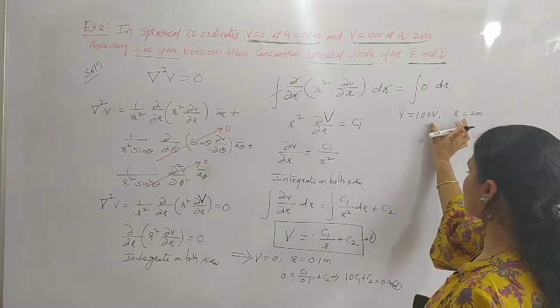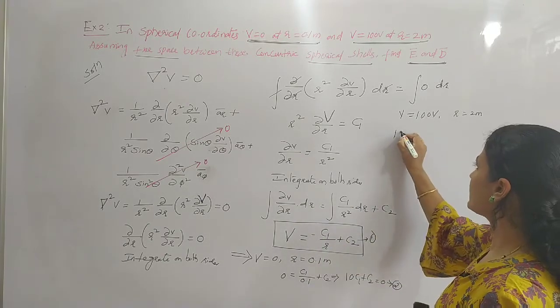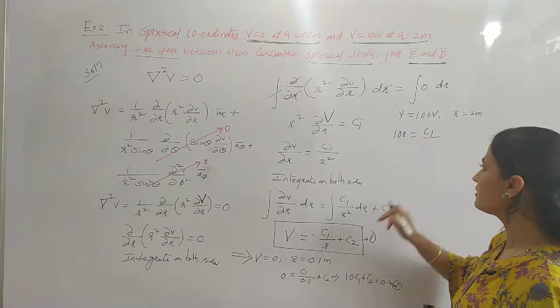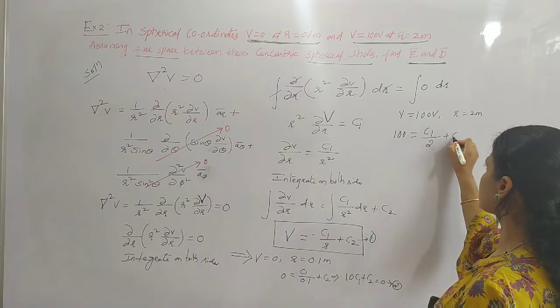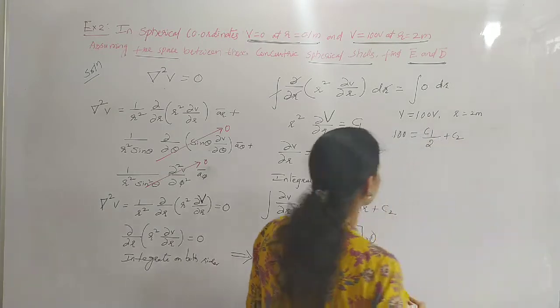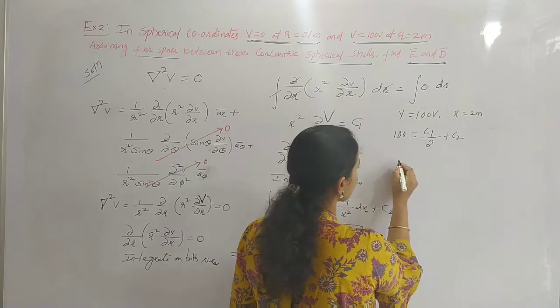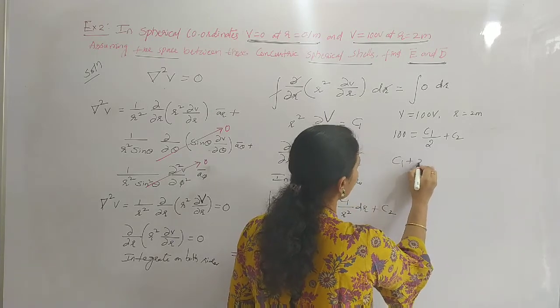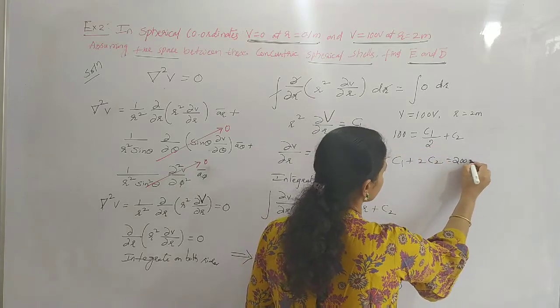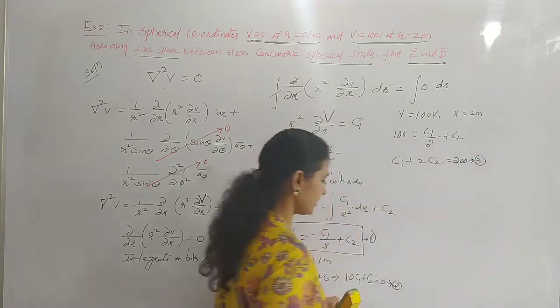So writing these values, V is 100, which is c1 by r, where r is 2, plus c2 equal to 100 only. So writing the equation, it is c1 plus 2c2 equals 200. Let this be equation 3.